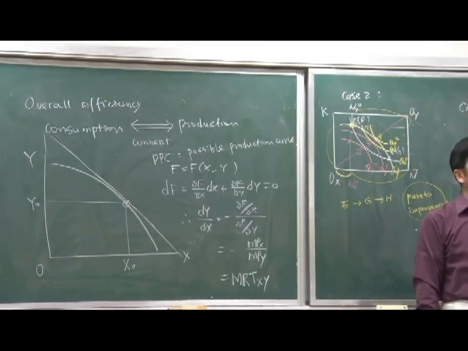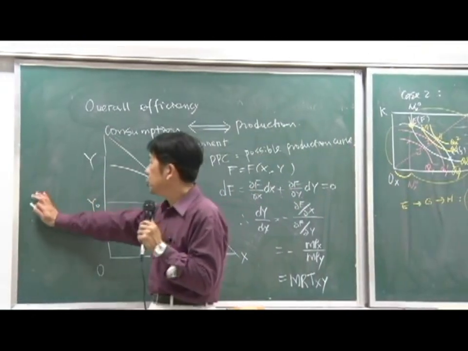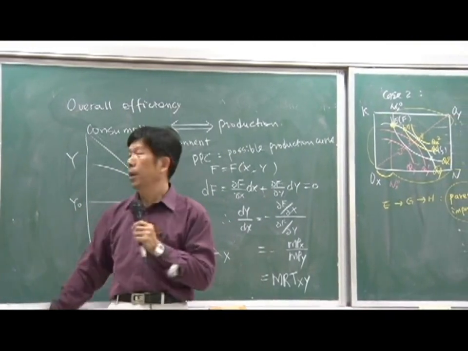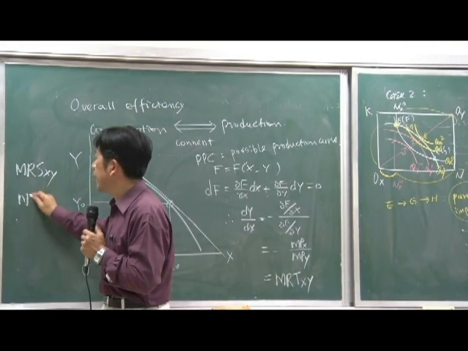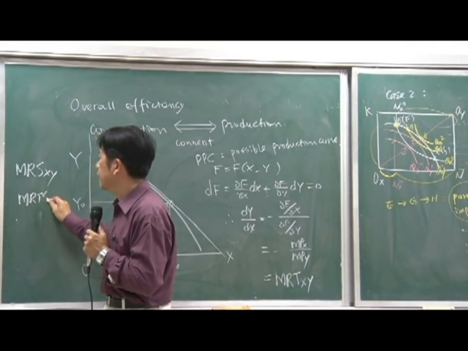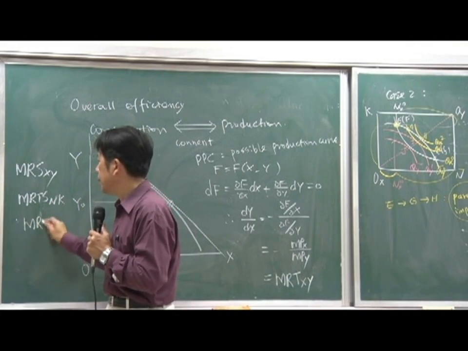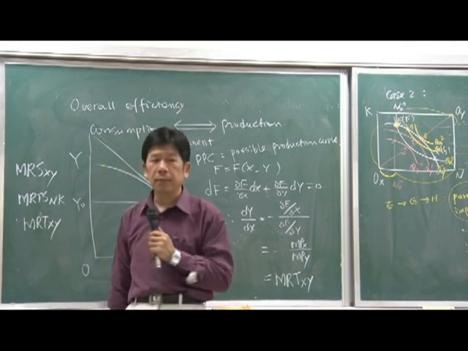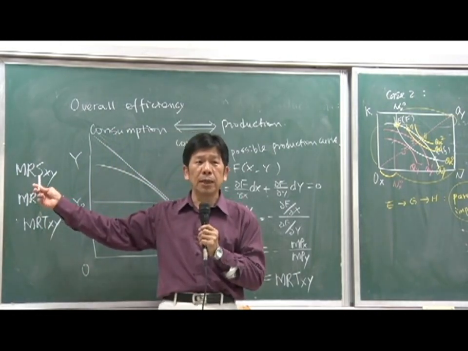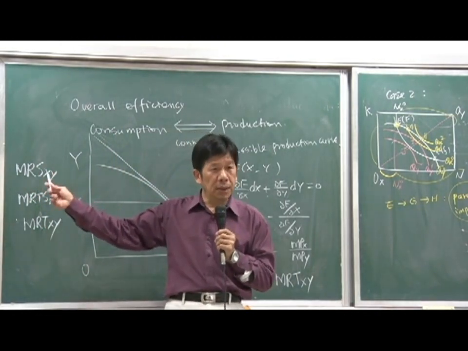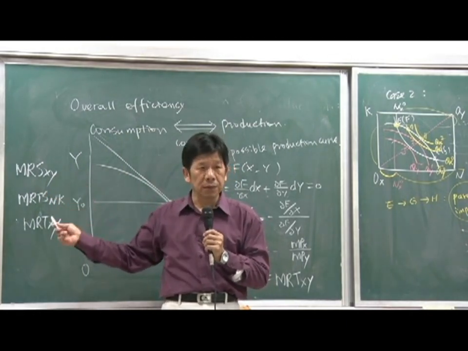I'm not sure, so if possible, I hope you can go back and check the meaning. What is MRS_XY? What is MRTS_NK? And what is MRT_XY? You need to check the meaning. MRS means the slope of the indifference curve.